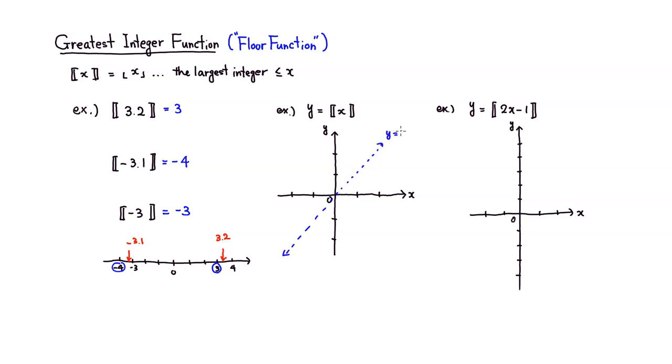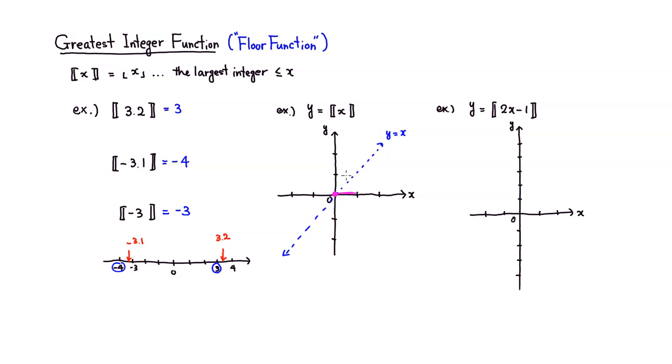So this is y equals x. What kind of changes do we need to make if we take the floor function of that? You can see that if it's 0, it is 0. But these values are fractional values, like 0.1, 0.2, 0.3, and so on. Up until this point, it's going to be less than 1. So all of these are going to be pushed down to 0.